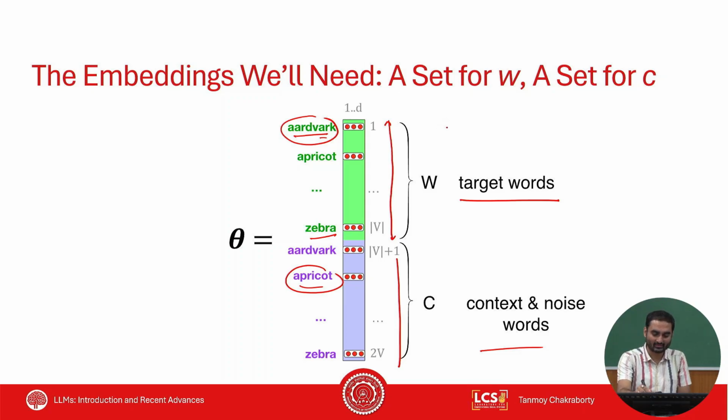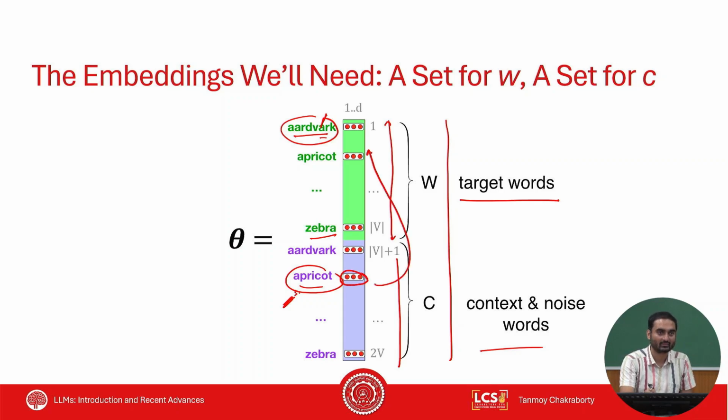Let's say this is my initial matrix when you initialize it. When I say this is a positive context, it means that over the iterations, I will try to move the representation of the context of apricot closer towards the target of aardvark.